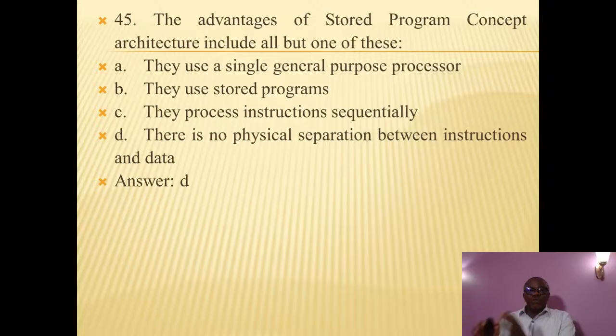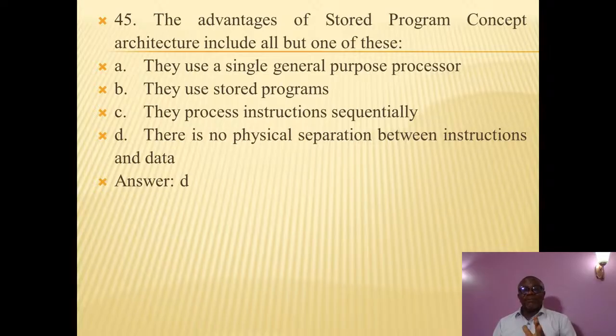They use one general purpose processor because the program is stored in that processor. B, they use stored programs, yes, because the concept is to store programs. C, they process instructions sequentially, so when they are stored, it does one before the other. And D, there is no physical separation between instructions and data.